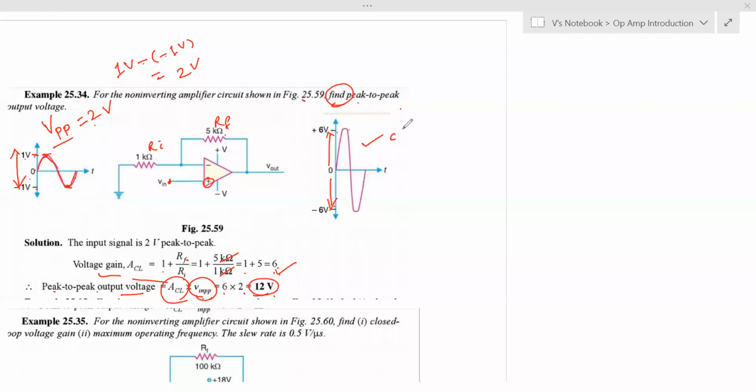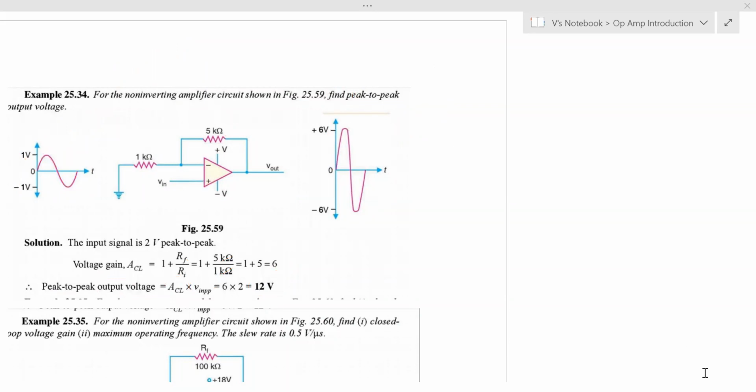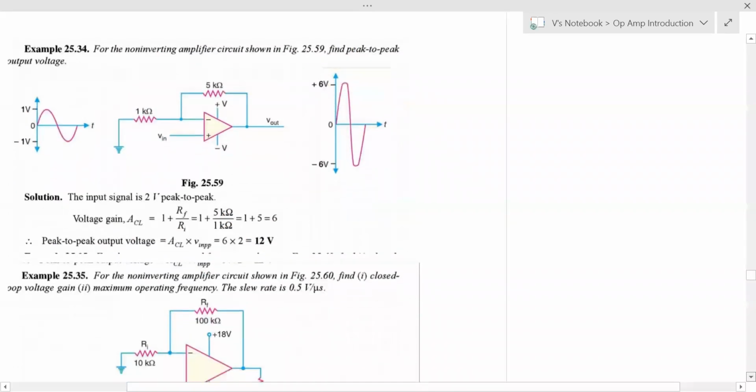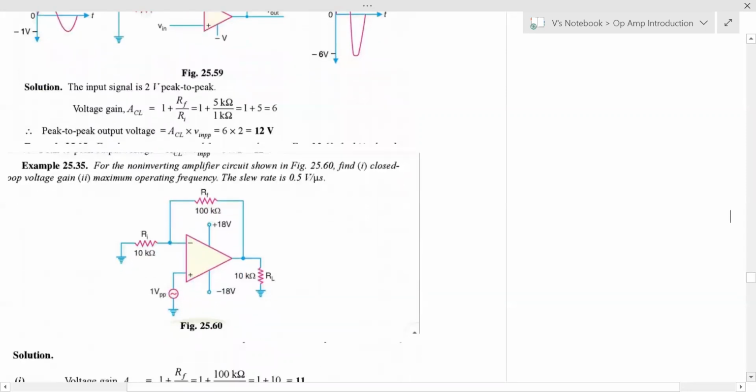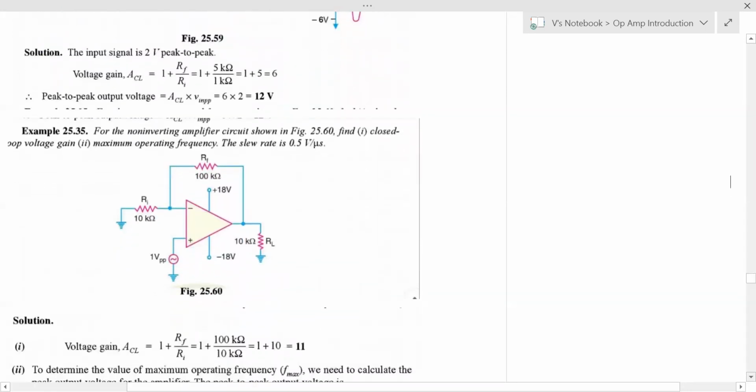So this is your output. Okay, so this way one of the styles of example will be like this. AC peak to peak is given. Now, another kind of example. These are all solved examples. More examples I have uploaded already.